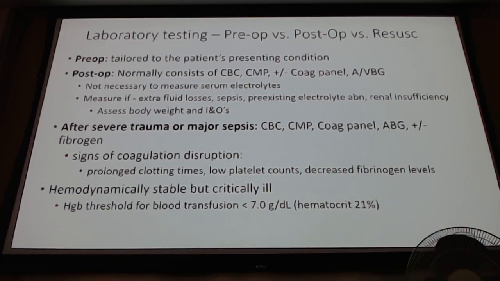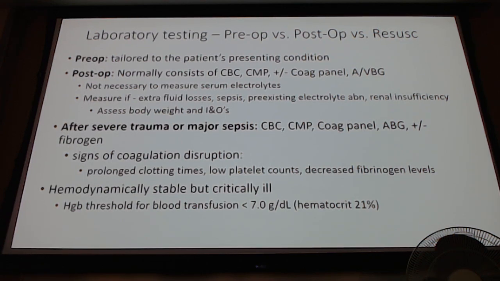Hemoglobin threshold for blood transfusions for non-cardiac patients is 7. If their hemoglobin is below 7, we're going to transfuse, as long as the patient accepts it. Okay? If they are a cardiac patient, then most of the time, like a cardiopath, if their hemoglobin is sometimes even 9, but most of the time it's 8, their threshold is higher, okay?